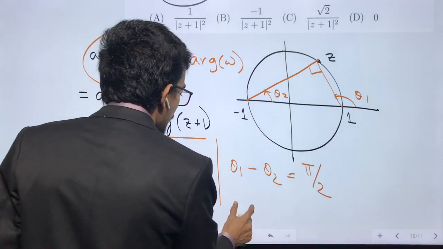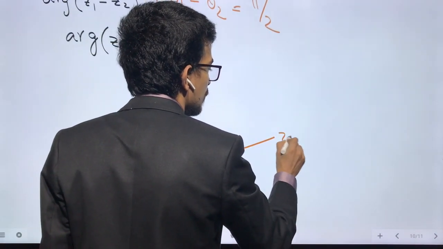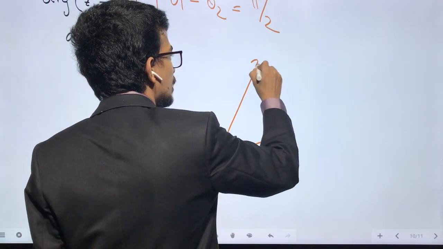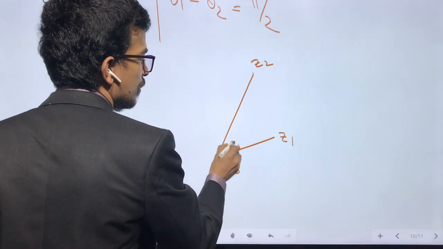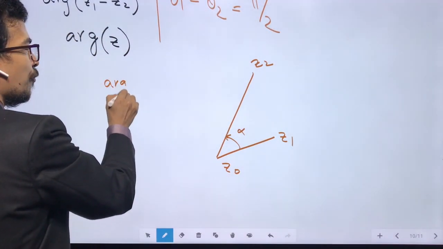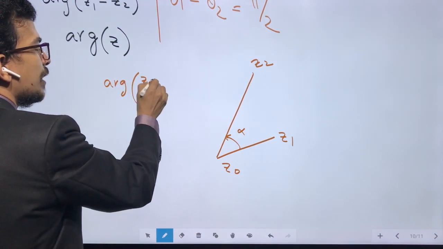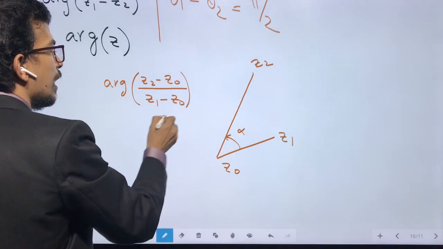Now I'll just give a generalized result. If you have a complex number z1 here, this is z2 here, suppose this is z0, and this angle is alpha, then argument of z2 minus z0 by z1 minus z0 is going to be alpha.